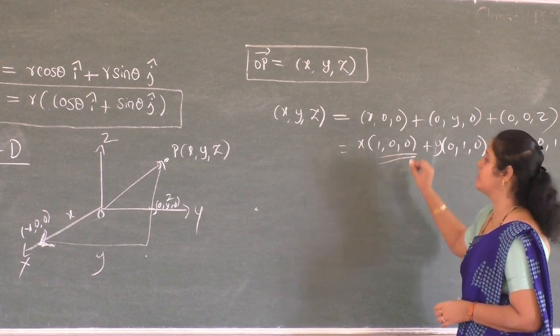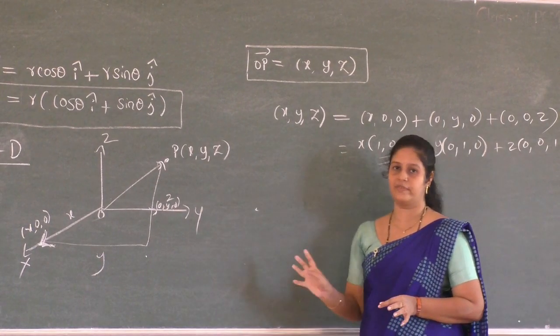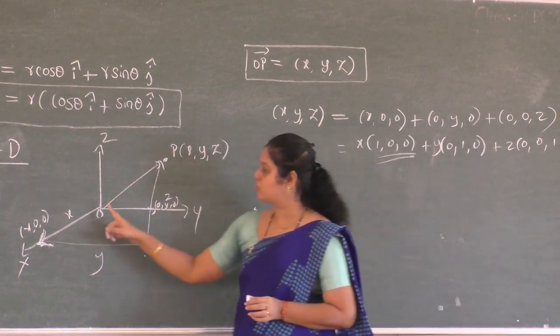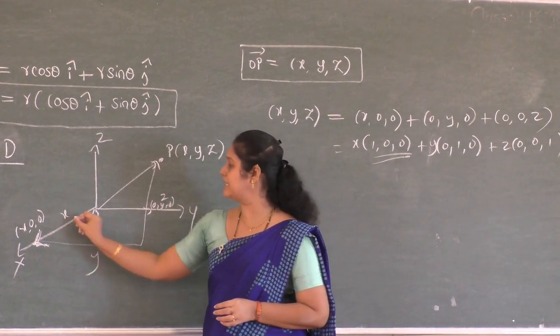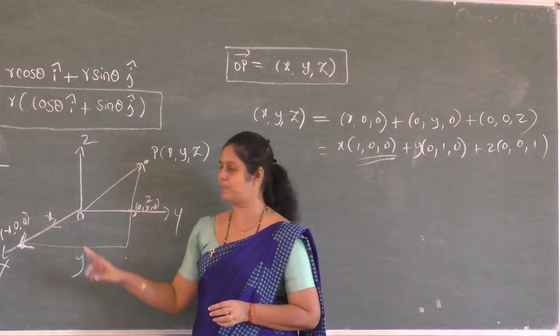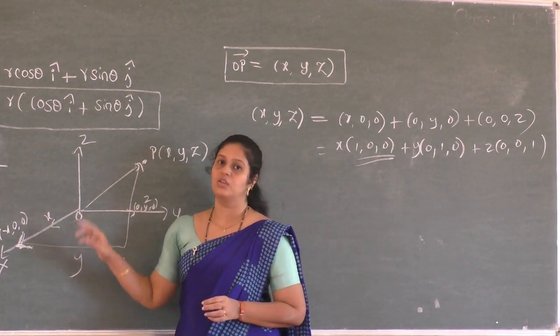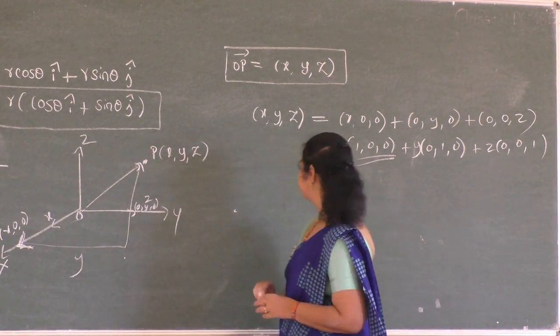So what is this 1 comma 0 comma 0? It is also a 3D vector. It is a unit vector because its magnitude is equal to 1. So we call it i cap.